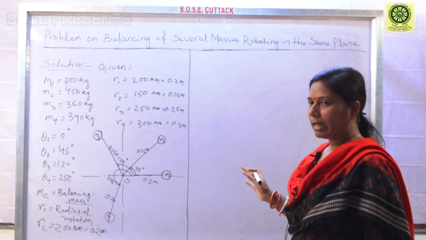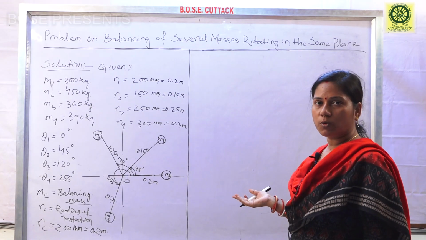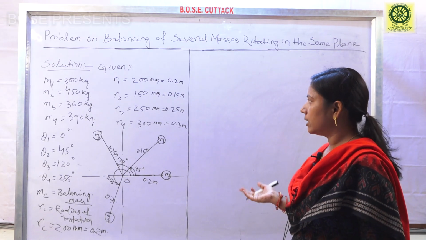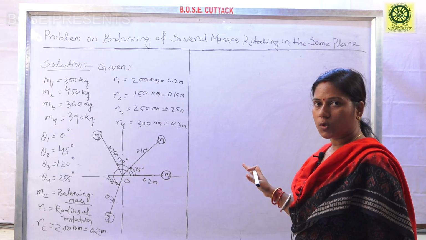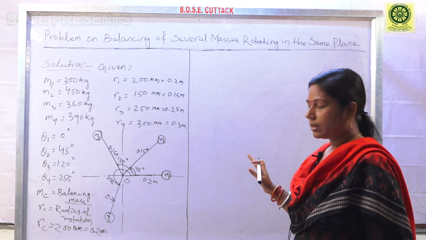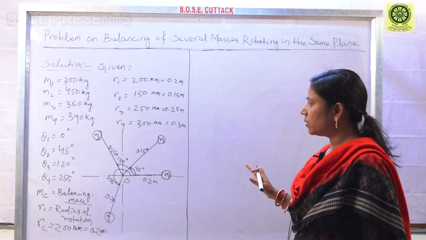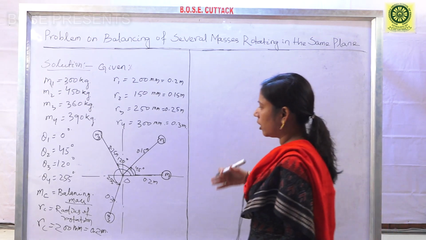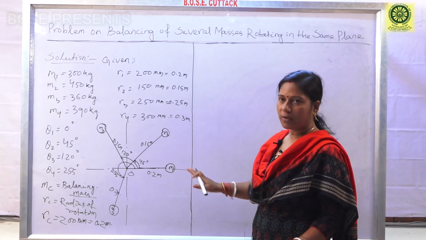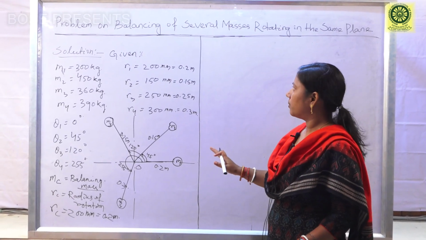If they were in the balanced state, then the summation of forces would be equal to 0. That we have already discussed. So in this question, the masses are in the unbalanced state. So we have to balance it, and find out the value of MC as well as the position of MC.